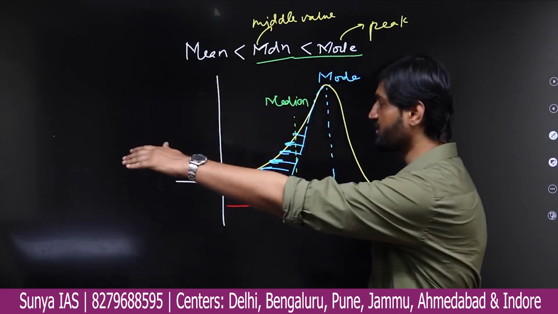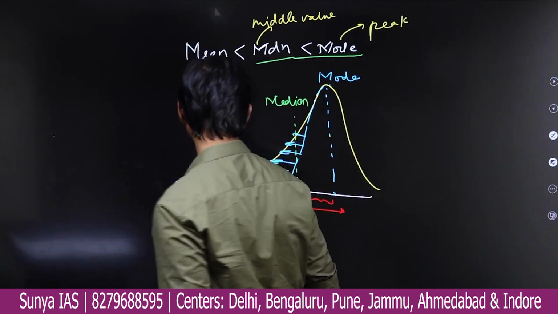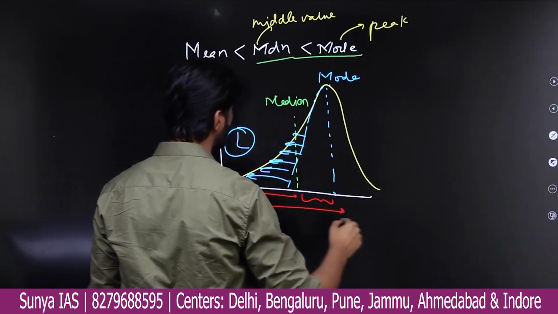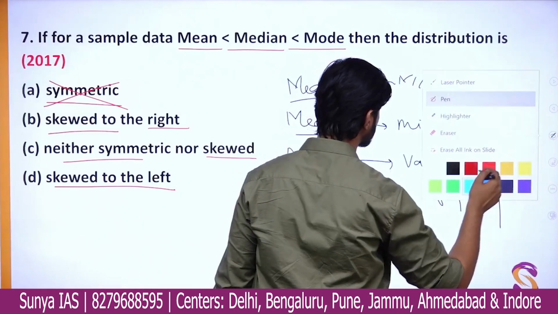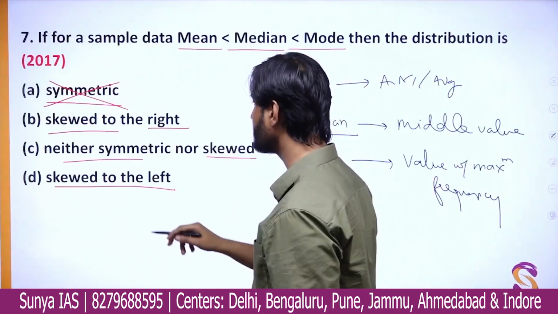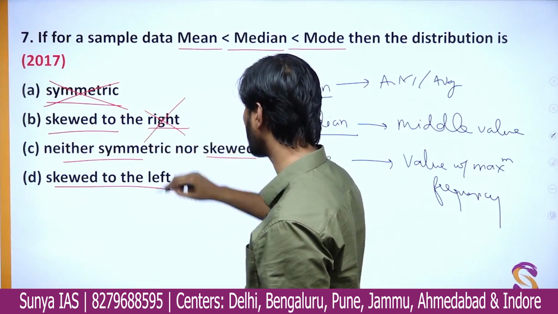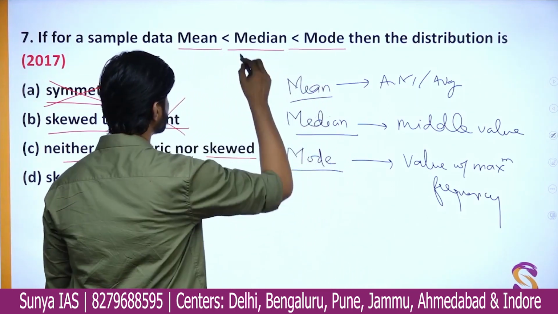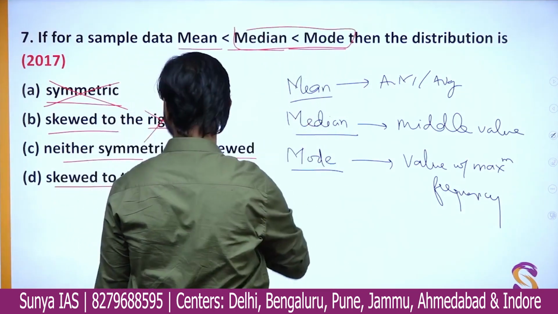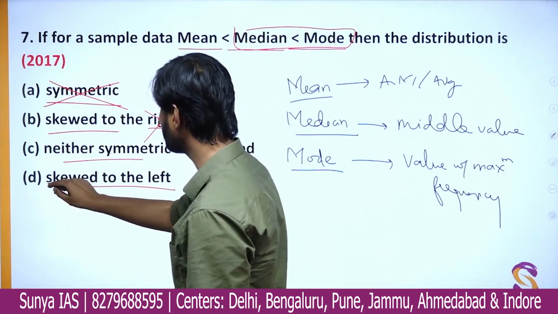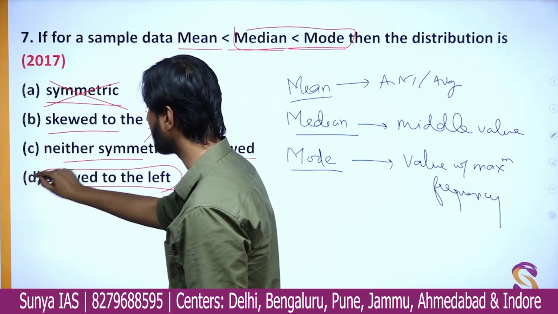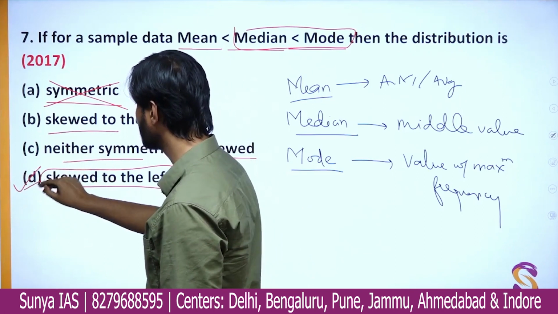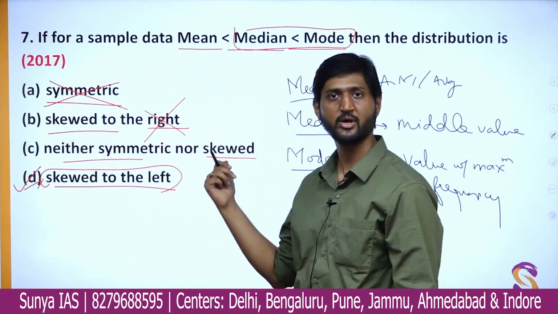This is the left side, guys, so this is skewing to the left. So let us see our options now. Option B says it is skewing to the right. No, it is not the case, because we have median less than the mode, and therefore we have the correct option as skewed to the left. So we have option number D as the correct option in this particular question.